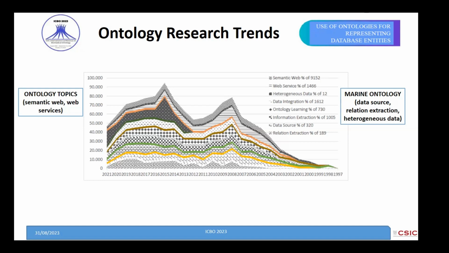The initial synthesis was accomplished by deciding on a uniform list of metadata and their distribution along the years, as found in this slide. It covers semantic web services, and so forth. Especially the semantic web, data integration, and web services have attracted the attention of a large number of researchers in recent years, while the research on data sets, relation extraction, and heterogeneous data seems less consistent.